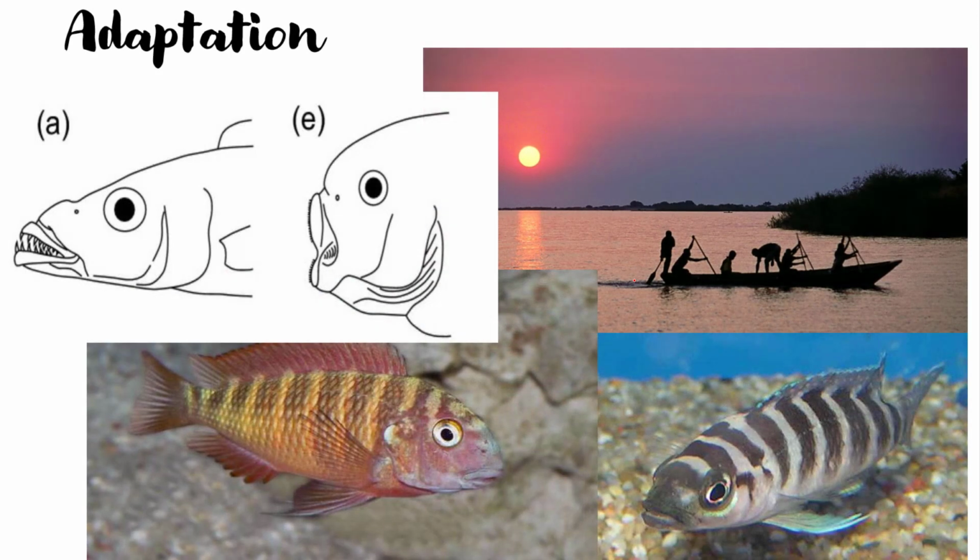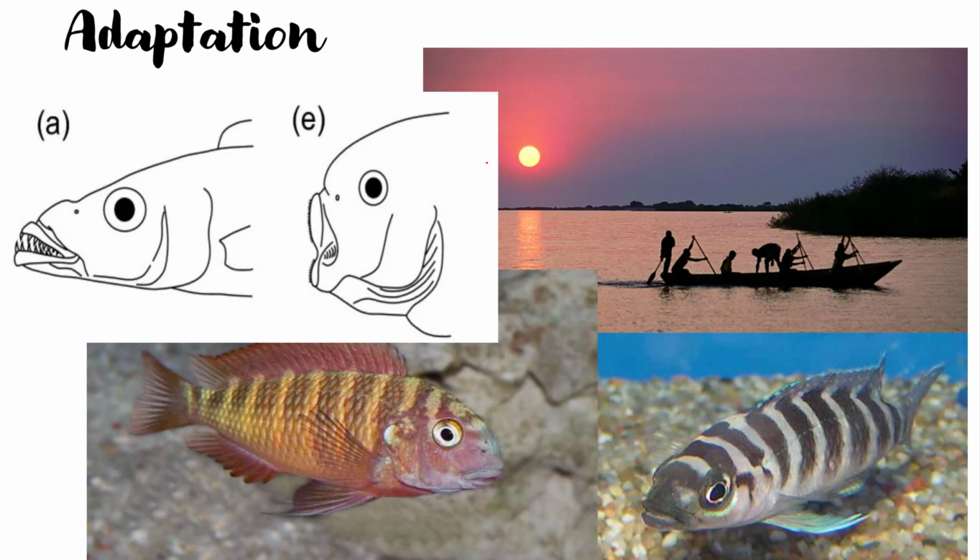Now, when we talk about the real process, adaptation is a process that results from natural selection. Means, when selection operates, it leads to the adaptation process. Adaptation is a process that selects for the best suited organism in the prevailing environmental conditions.